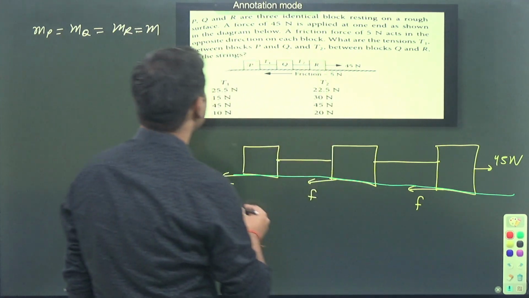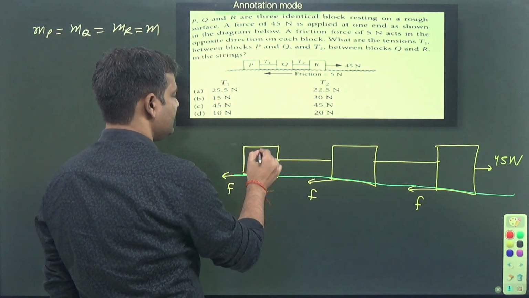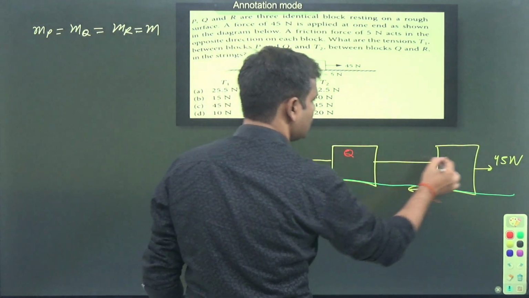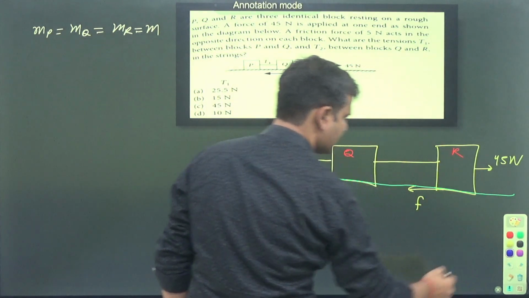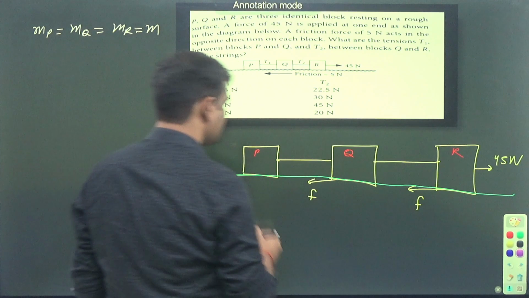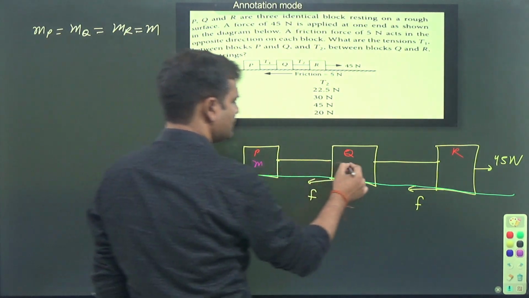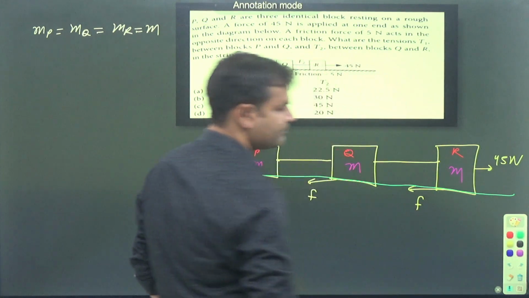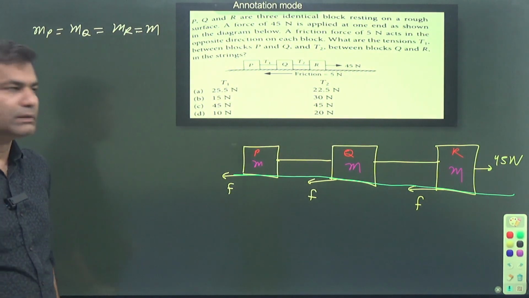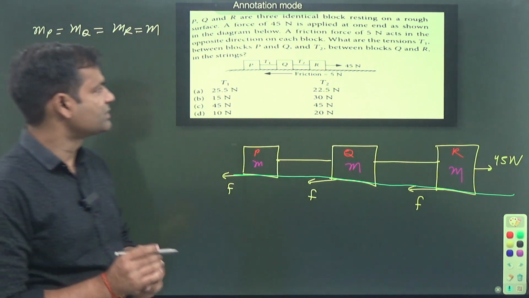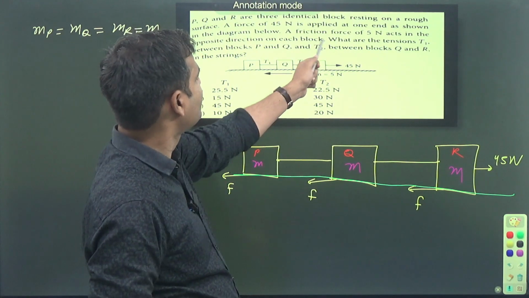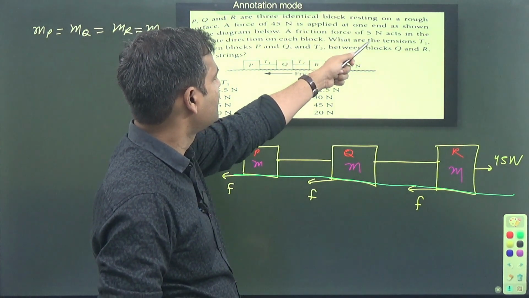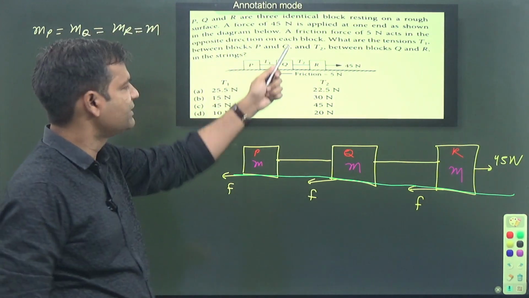Now here P, here Q, here R, and here mass m and m. Clear? Okay, corresponding question: a frictional force of 5 Newton acts in the opposite direction on each block.